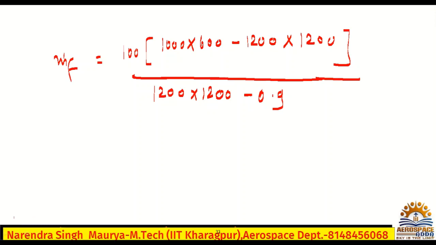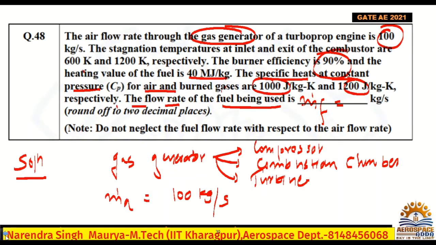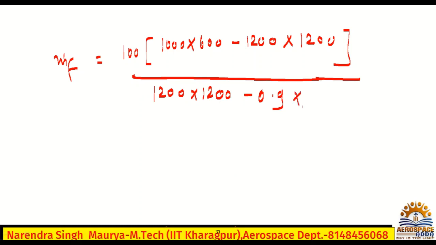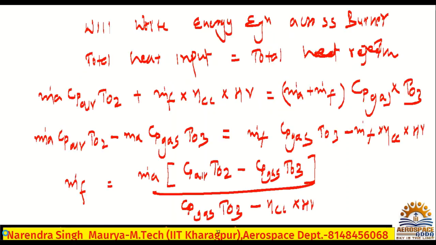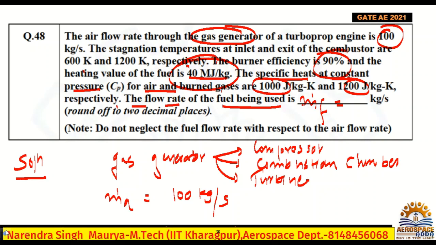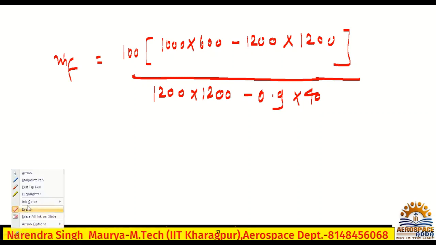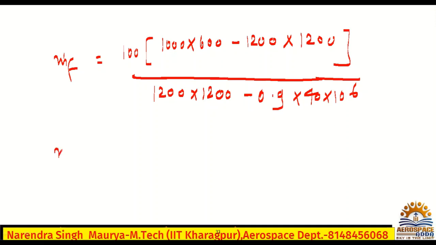And what is the heat value here? It is given, 40 megajoule per kg. I will write it in joule per kg, 10 to the power 6. So we'll calculate m dot f.